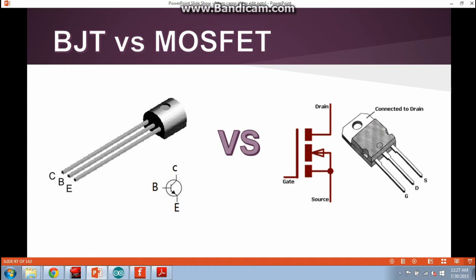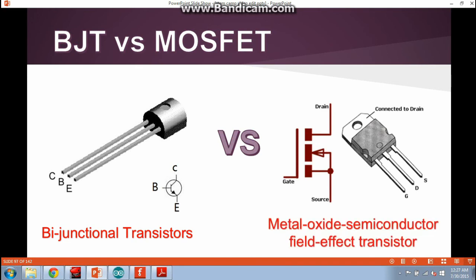The more basic type of transistor is the bijunctional transistor, the BJT, and the result of that, what came after it, was the MOSFET, or metal oxide semiconductor field effect transistor, if that's a mouthful. And we will also try to talk a little bit about the difference between these two as well.